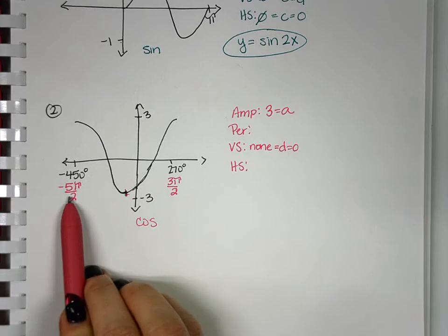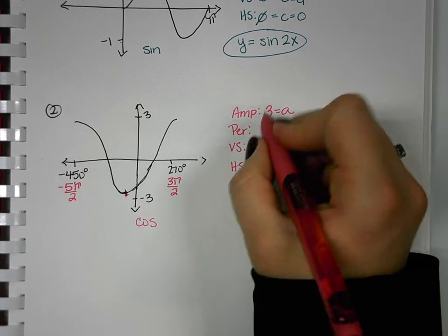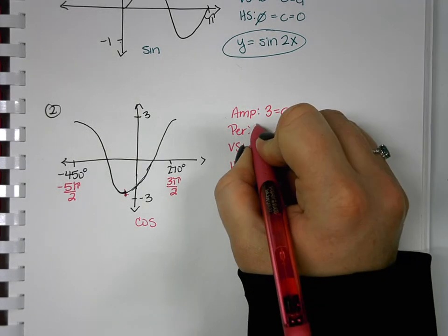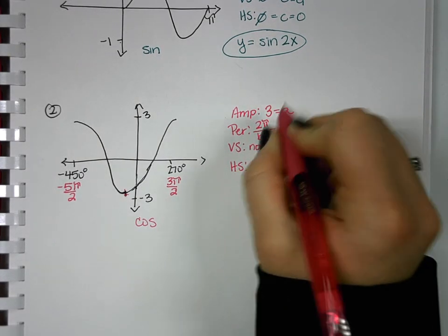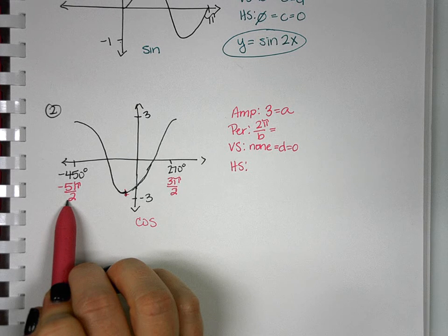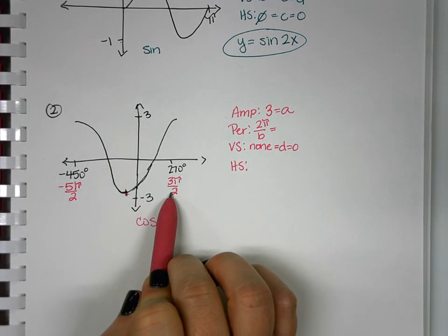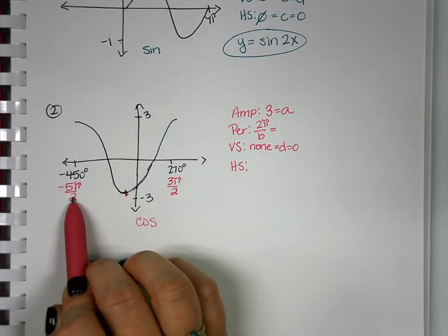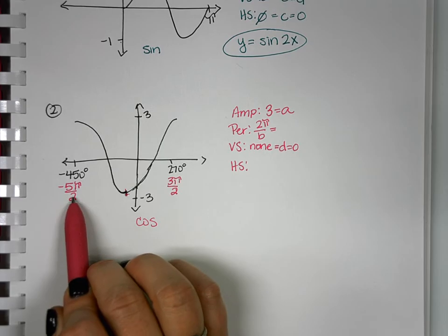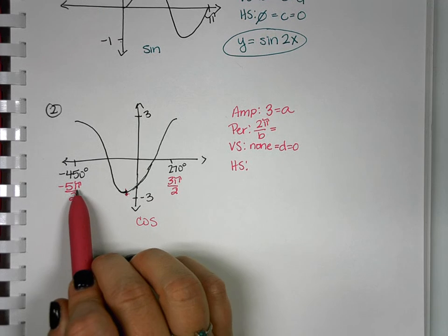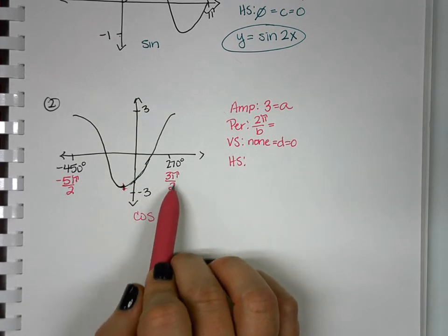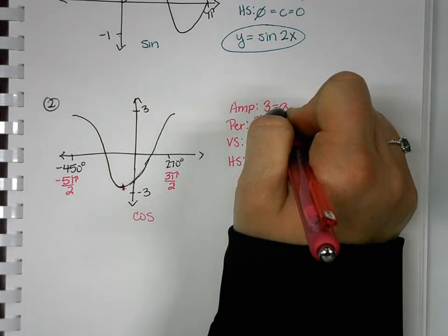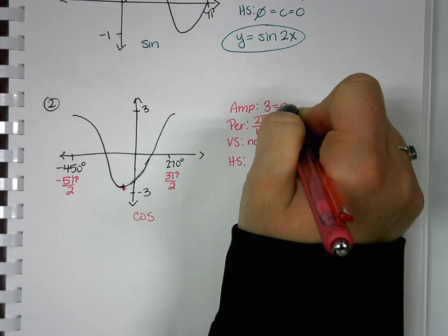So how far is it from start to finish? So 2 pi divided by b equals, so to go from negative 5 pi over 2 to 3 pi over 2, we've gone a distance, let's see, negative 5, and so that'd be 5, 3, so 8 pi over 2, which is 4 pi.